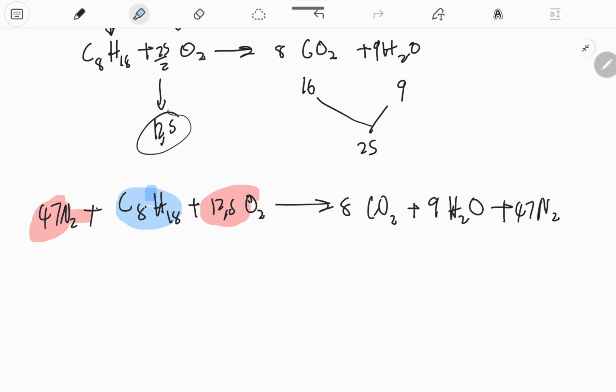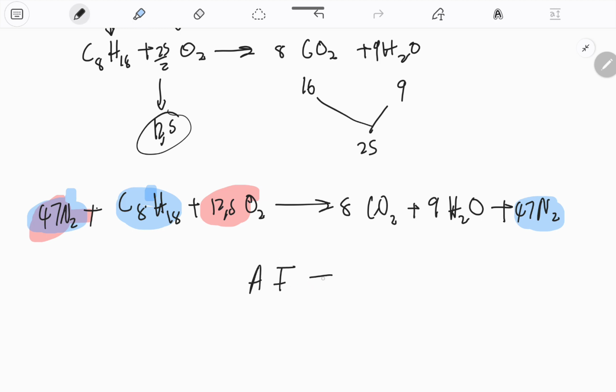So to make it look really balanced, I have to put these nitrogens both sides, because our air comes with like 21:79 ratio of oxygen and nitrogen.